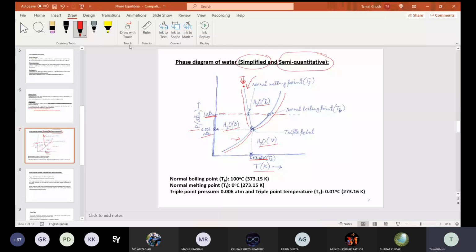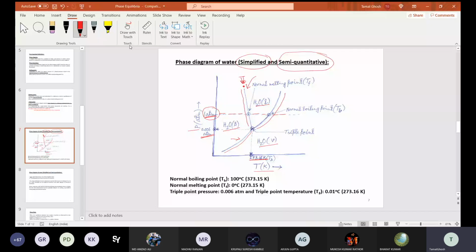On the y-axis, this 1 atmosphere pressure must be shown at a higher position than the triple point pressure. You have to ensure that wherever the normal pressure of 1 atmosphere is denoted, its position is higher than the triple point pressure for this particular system.